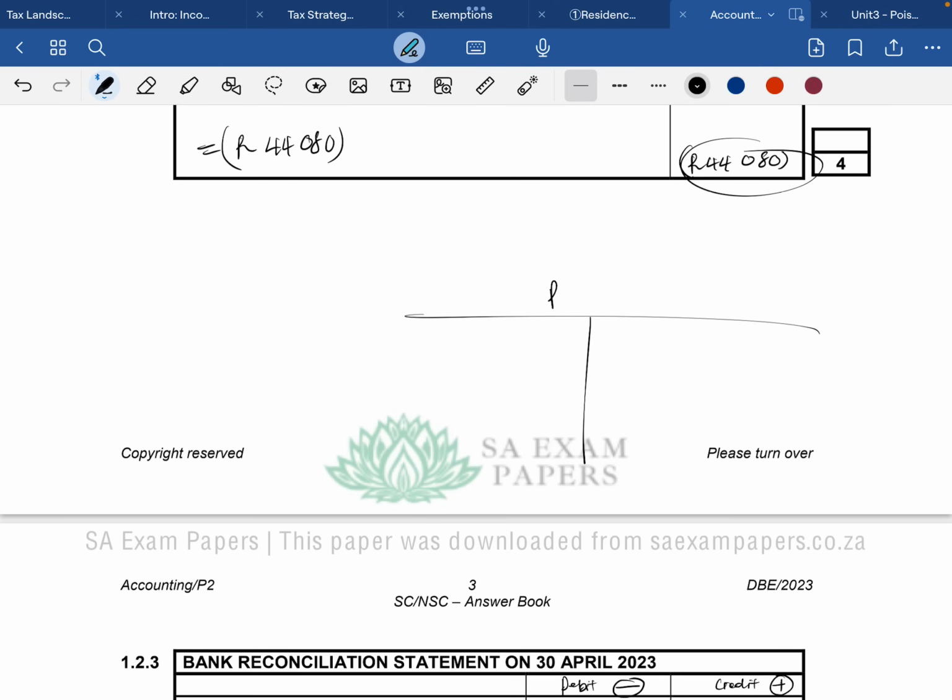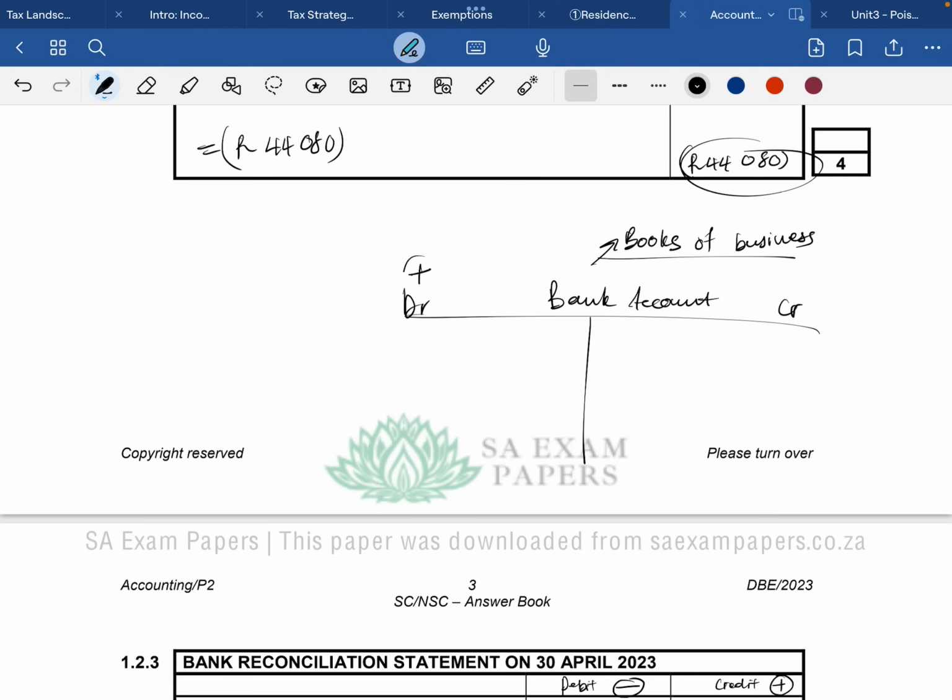Remember, on your bank account, right, you have credit, you have debit. This is from the books of the business. Like I said, perspective is really important when you're doing the bank reconciliation. Now, on the books of the business, we have this, right?